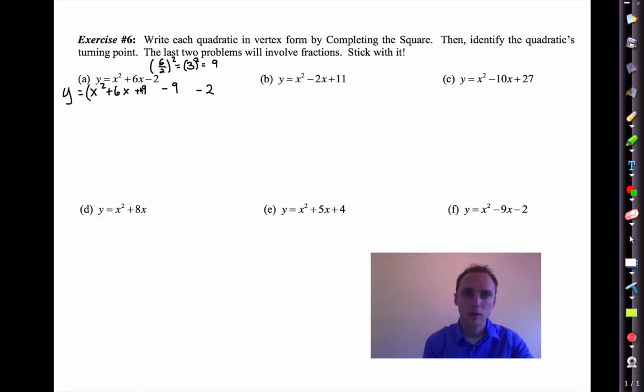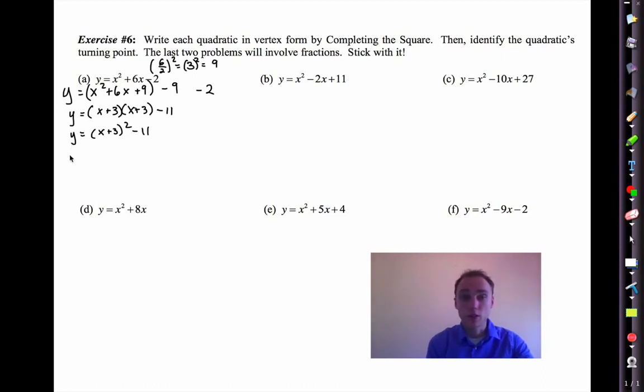Remember to group these together, because when we factor this group right here, we're going to get a perfect square. And then we'll be left with some stuff on the outside. So let's factor. When we factor this, I'm looking for something that multiplies to 9 and adds to 6, or 3 and 3, right? X plus 3 times x plus 3, minus 11, which gives me x plus 3 squared minus 11.